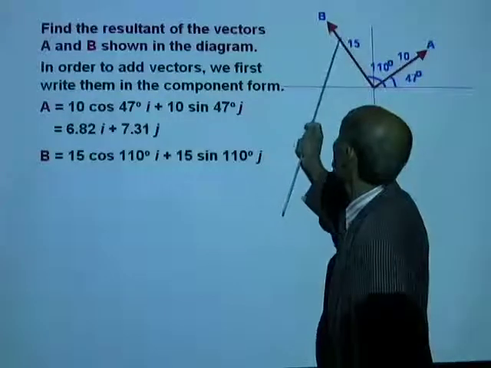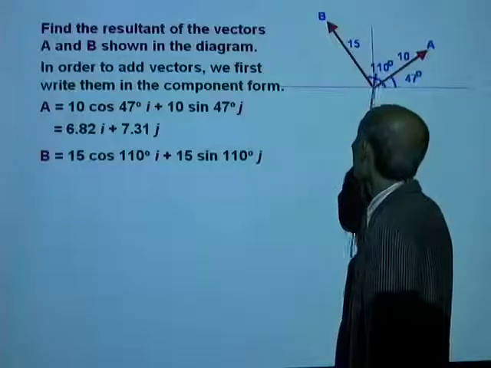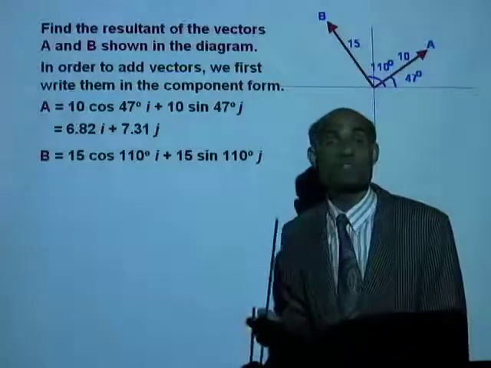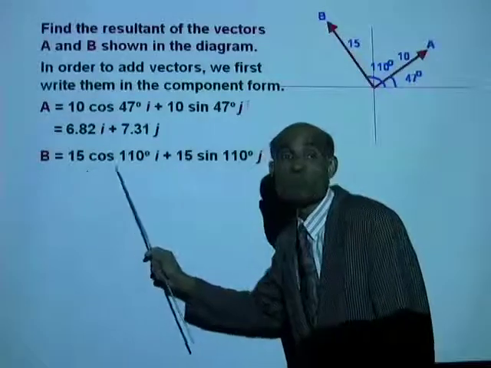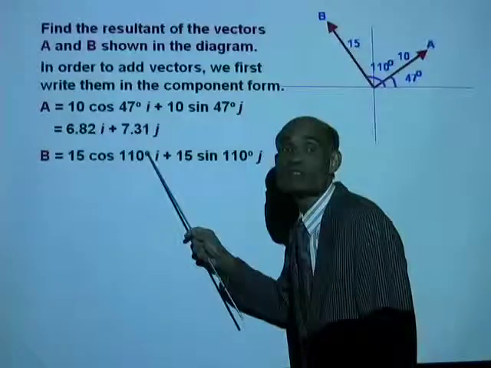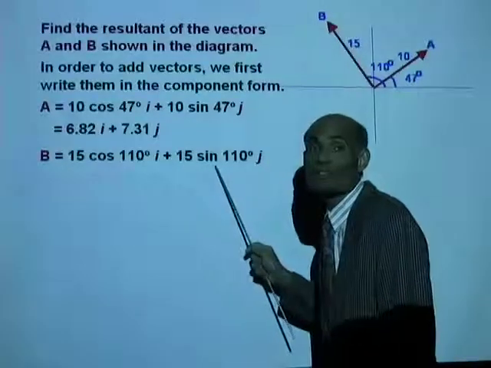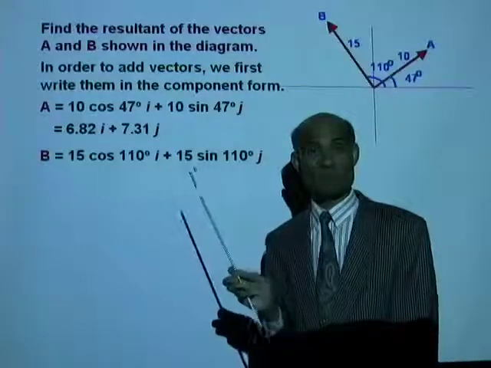In the same way, vector B. Vector B has a magnitude 15 units. It makes an angle 110 degrees with the x-axis. Therefore, its x-component is 15 cos 110 degrees. Its y-component is 15 sine 110 degrees.